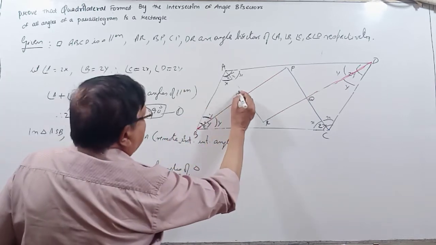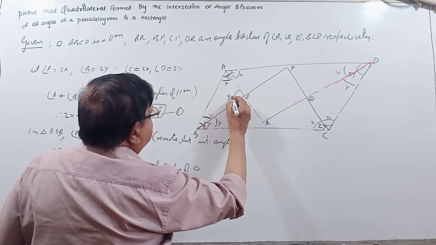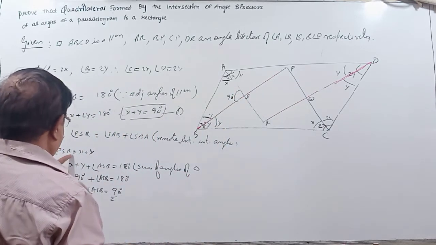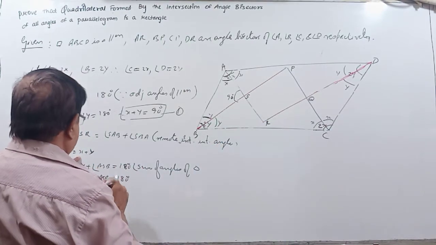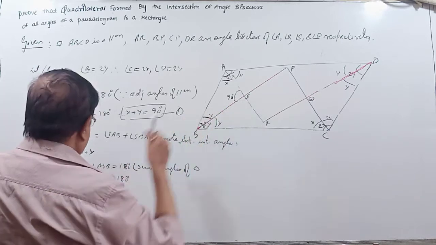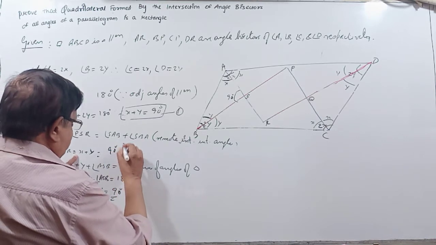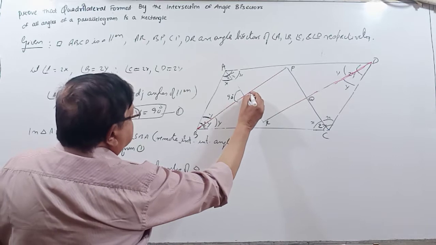So we got it, this is S here, 90 degrees. Now, angle PSR is also x plus y, which is 90 degrees from 1. So this is also 90.